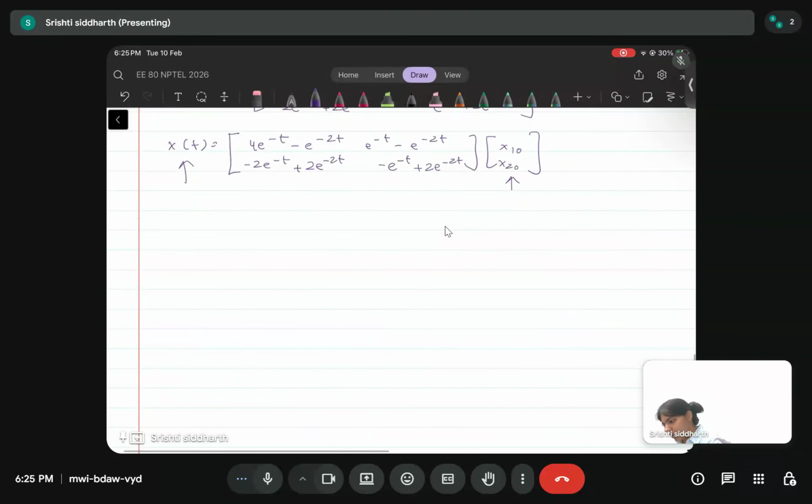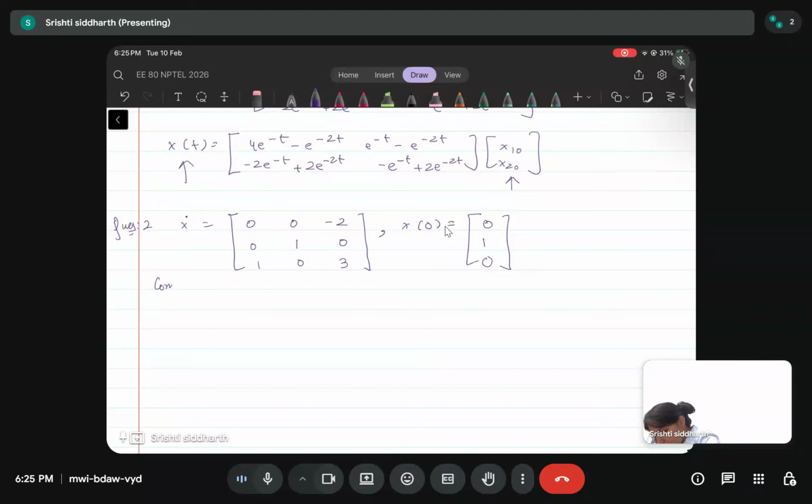Now let's look at a higher order system. A is given with a last row of 0, 0, minus 2. The initial condition at 0 equals 0, 1, 0. So compute the free response of the system.